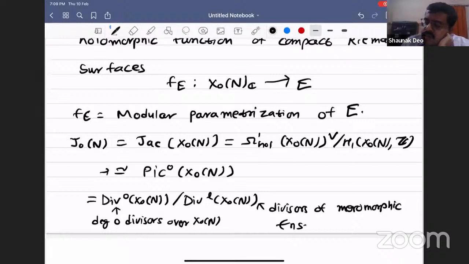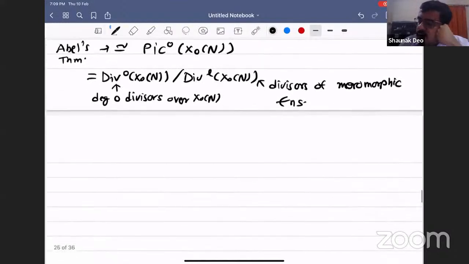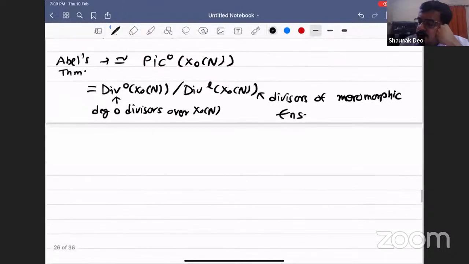And because of Abel's theorem, we can use this Pic^0 as the definition of the Jacobian, and then we can define the Jacobian for any algebraic curve and so on. So we'll be using this. And maybe a remark would be that a Jacobian is an abelian variety.